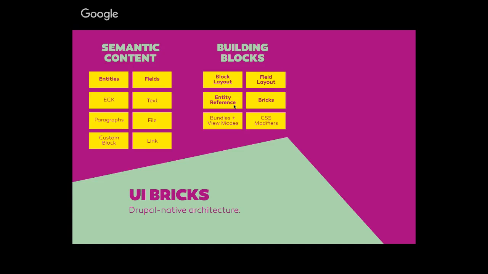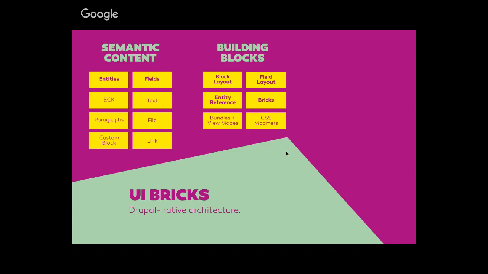Of course, we have entity reference, which allows us to reference one content from another content, or using Bricks, you can reference all content on your website to create a layout of any structure, layouts and entities in a single organism structure.